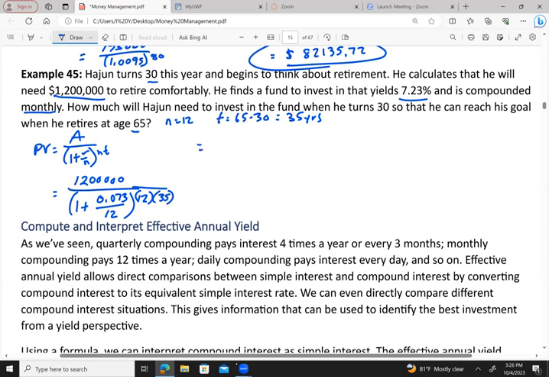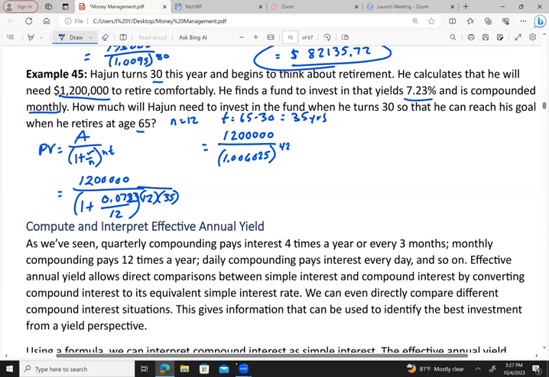So let's look at this, 0.0723 divided by 12. Then we're going to add that to 1. And I have 1,200,000 over. This becomes 1.006025. And 12 times 35 is 420.